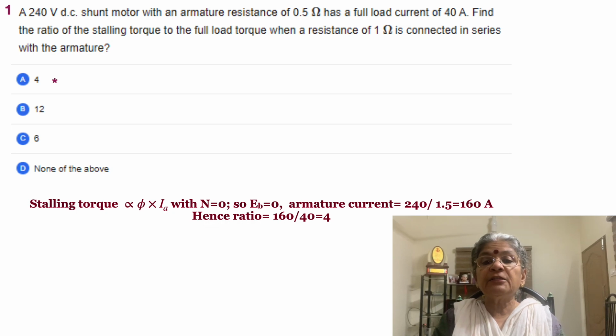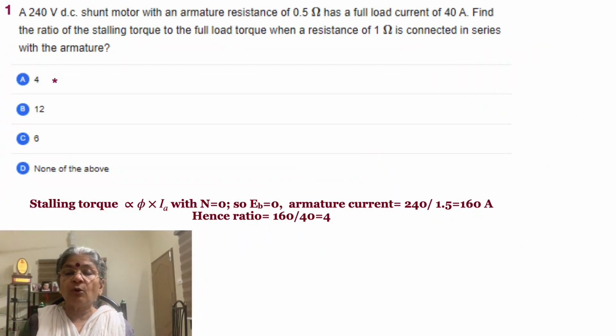Find the ratio of the stalling torque to the full load torque when a resistance of 1 ohm is connected in series with the armature. So now another resistance, another 1 ohm, is going to be introduced. At the same time, there are two different torques. One is stalling torque. The stalling torque is associated with a situation wherein you have locked the motor, you have blocked the rotor.